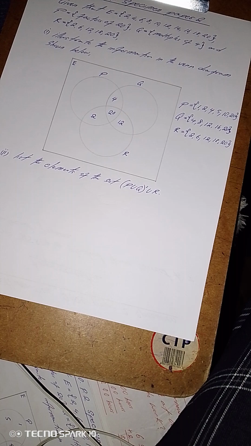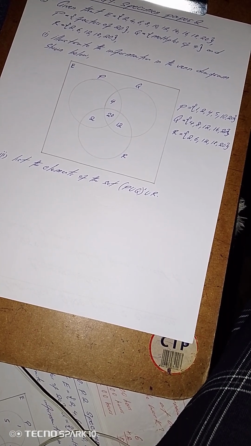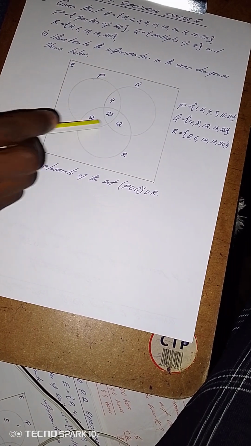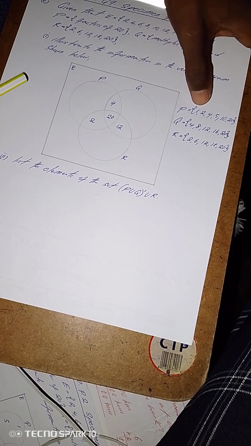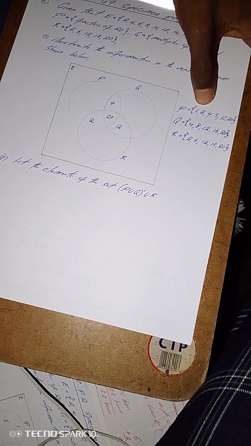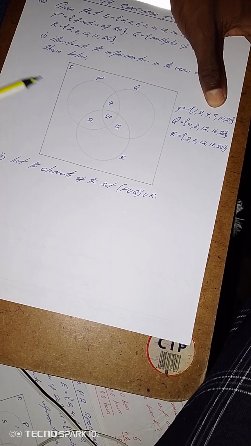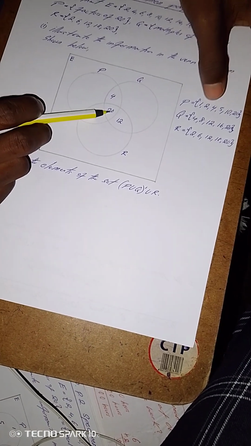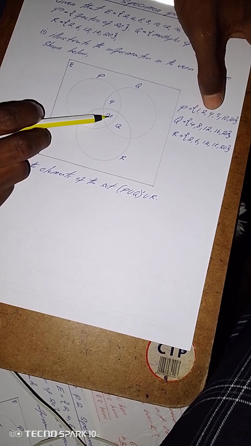After the intersections of the 2 sets, now you have to put the elements in each set. So let's now put the elements in set P. You go back to the list of P. In P we have 2, 4, 20, which are already placed.